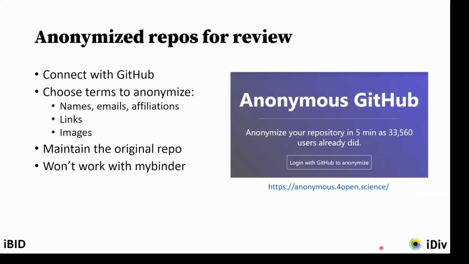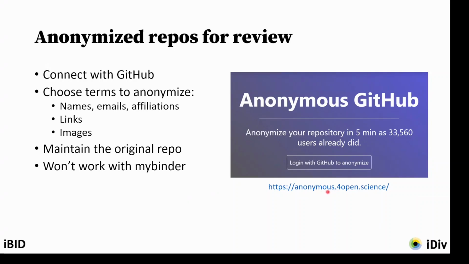And this could be kind of tricky. I could just go inside my code and look for all the mentions, all the parts that list my name, or I go into the description file, which is the one that contains the metadata. But you can actually do it in a more thorough way with the Anonymous GitHub webpage.